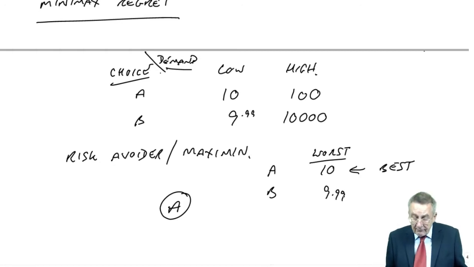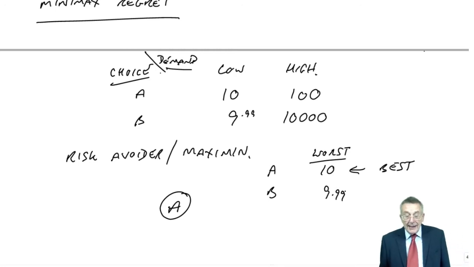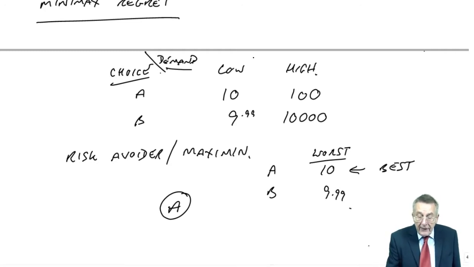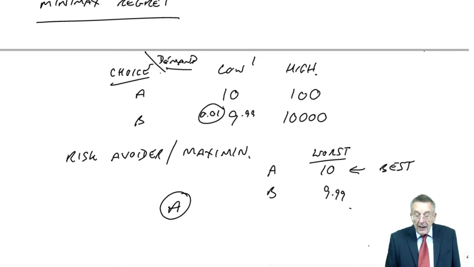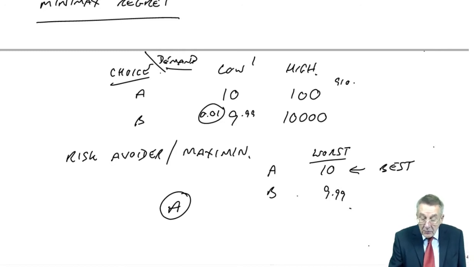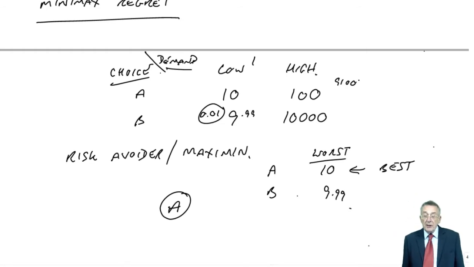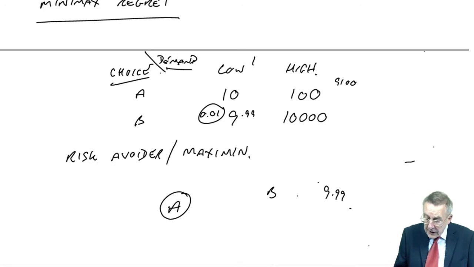And so, that's effectively what we do in minimax regret. We look to see how much we're losing if we've made the wrong decision. If it's low and I've picked B, we lose 1 cent. If it's high and I've picked A, we lose 9,100. I think you see what I mean. We're going to look at how much we lose if we make the wrong decision. So that's basically what we're going to do.